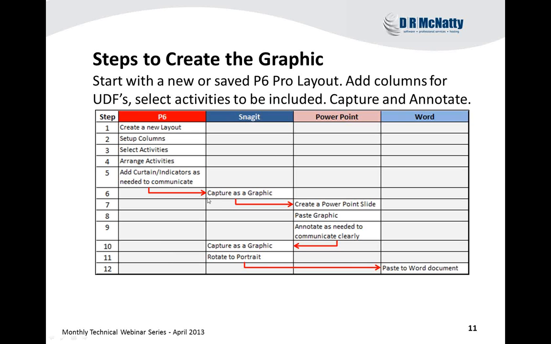And then I use Snagit to capture the graphic, take that graphic into PowerPoint, where I annotate as needed to give me some clear explanations for the viewer. And then I capture it again as a graphic, and I do that so that I can rotate it from a landscape to a portrait orientation before I paste it into a Word document.